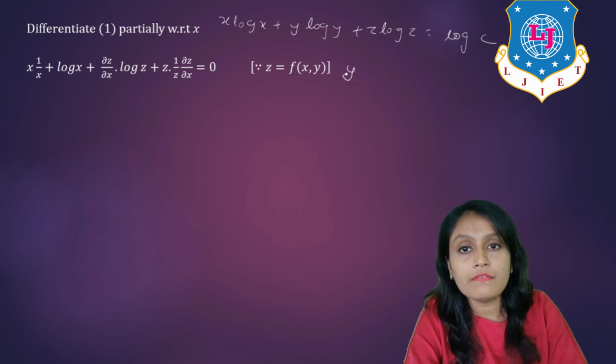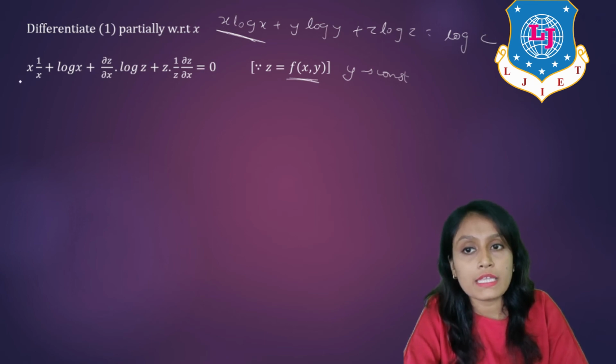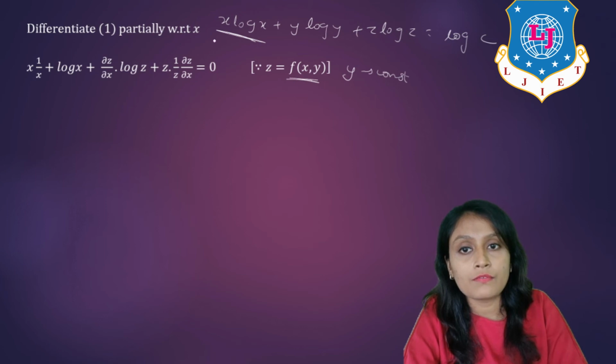So this y will remain constant and z is the function of x and y. Okay, so firstly we will take derivative of this term. So x log x. Okay, so here we will apply UV rule. So x is kept as it is, derivative of log x, that is 1 upon x plus log x as it is into derivative of x, that is 1. Now this term, the answer of this term is 0. So here we have 0 plus.